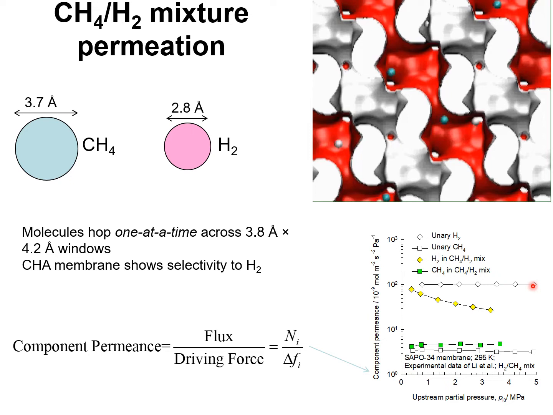So let's look at hydrogen. The unary permeance of hydrogen is significantly larger than the unary permeance of methane. However, the permeance of hydrogen in the mixture is significantly lowered, and this lowering is due to the fact that the adsorption selectivity favors methane.